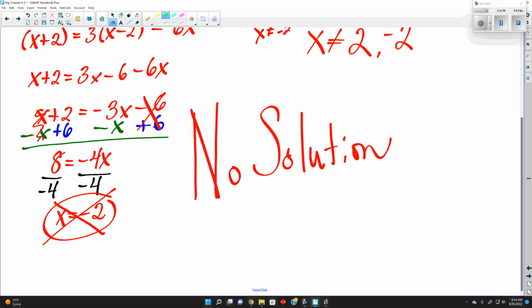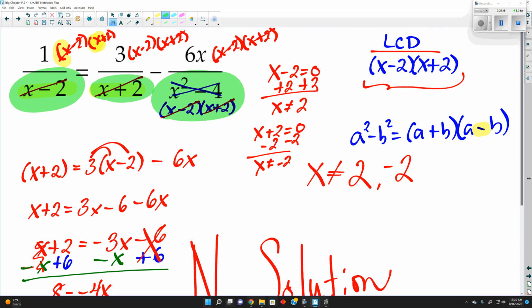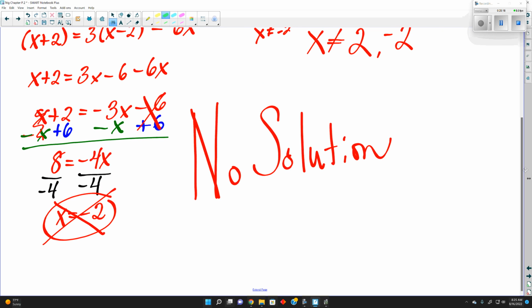And that's what's frustrating with some of these here, because we can do all the work, get down to the answer, and realize, okay, it never worked in the beginning. Any questions on this here?